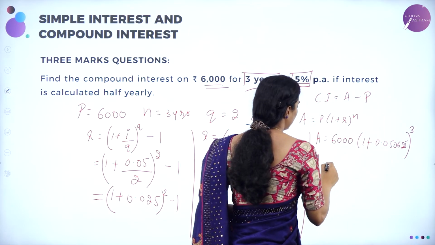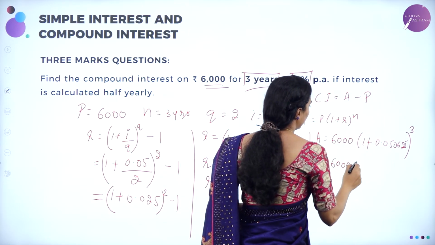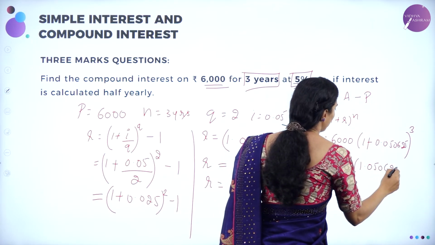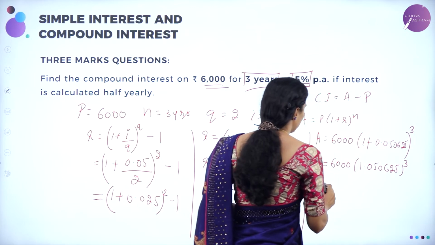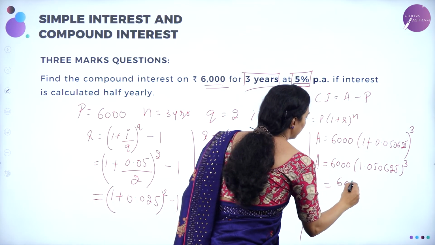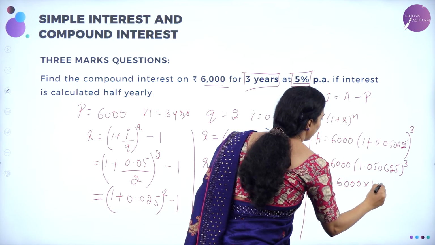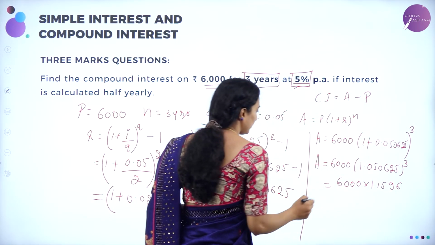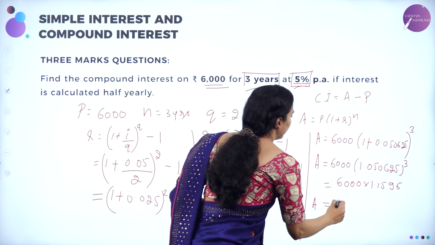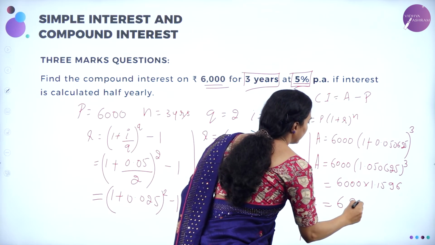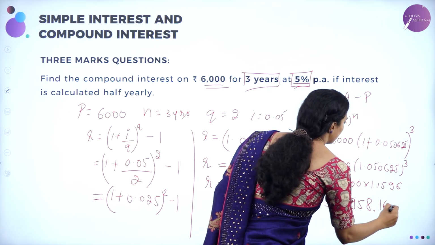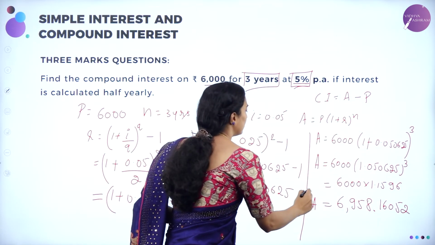So A will be equal to 6,000 into 1.050625 whole cube, which is 6,000 into 1.1596. So the answer is A is equal to 6,958.16052. This is your A.